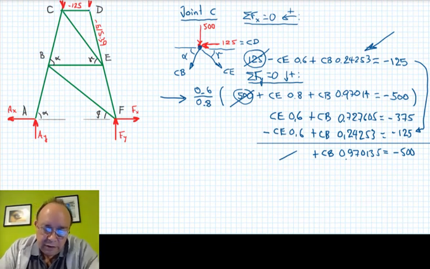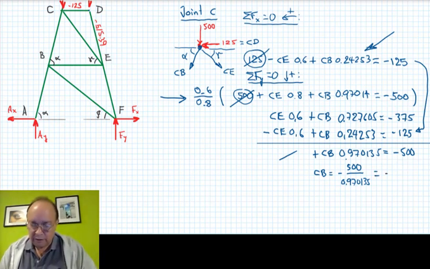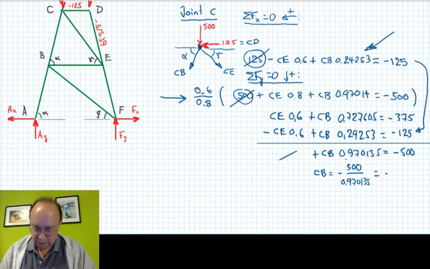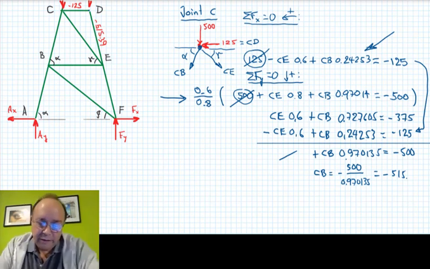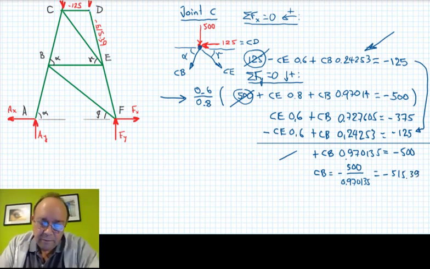And from here, CB equals minus 500 over 0.970135 equals minus 500 divided by 0.970135, which equals negative 515.39.